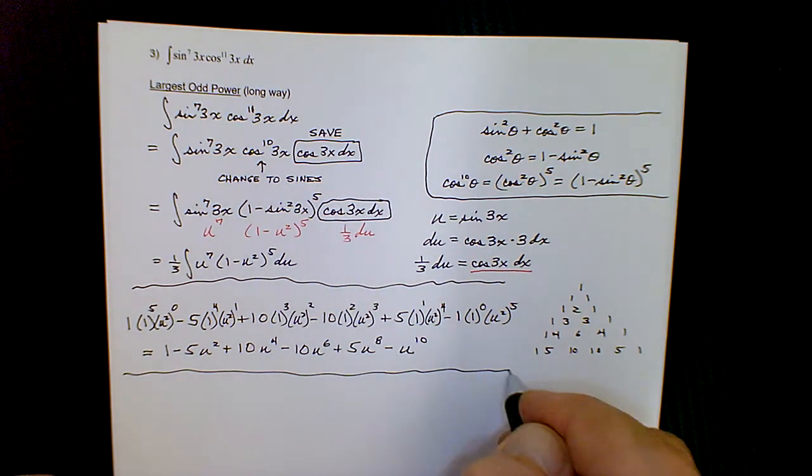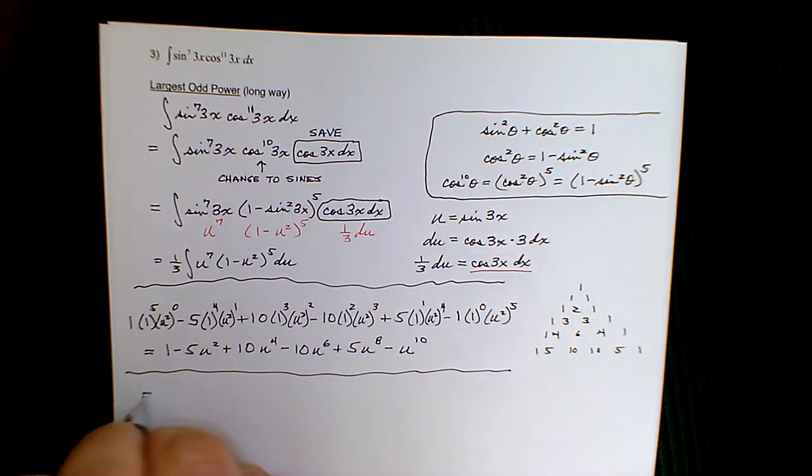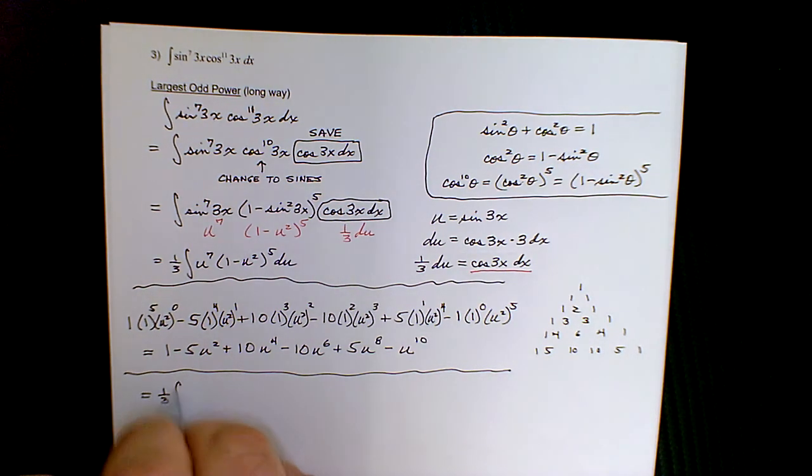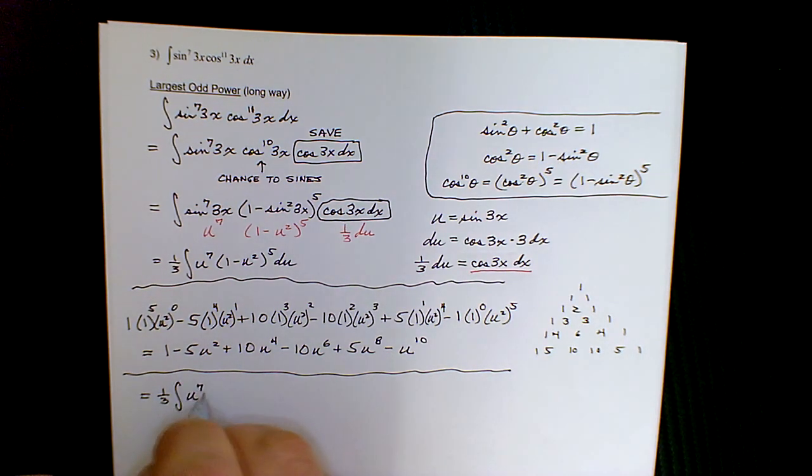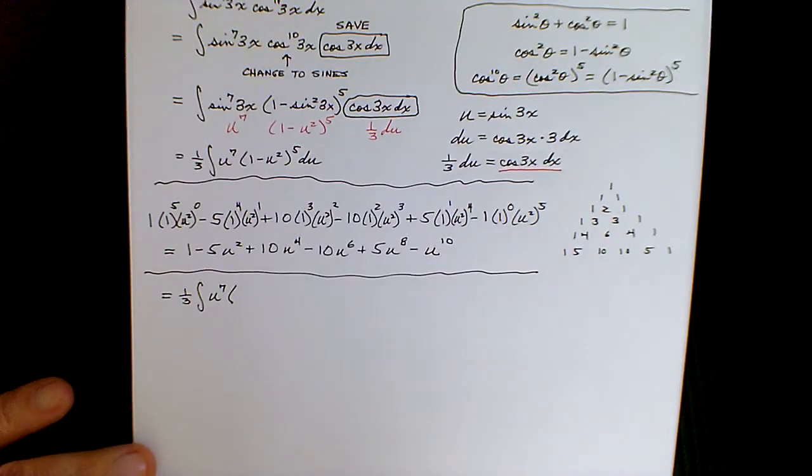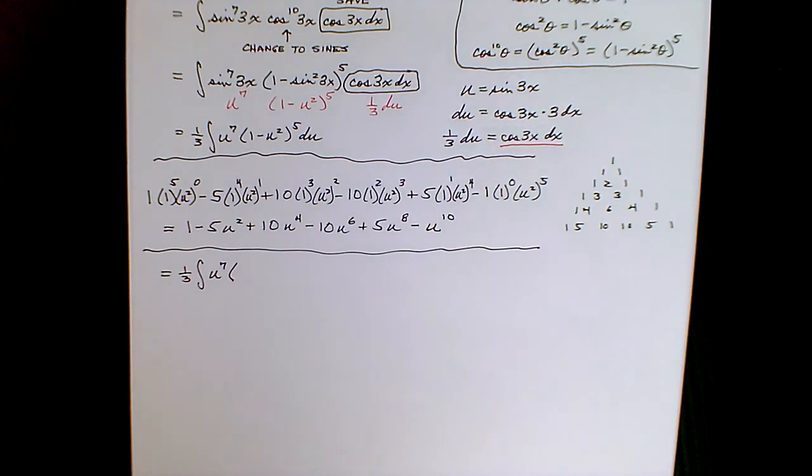Okay, a little wavy line, go back to the integration, 1/3 integral u to the 7th, and now that binomial that was to the 5th gets replaced by what we have just found.